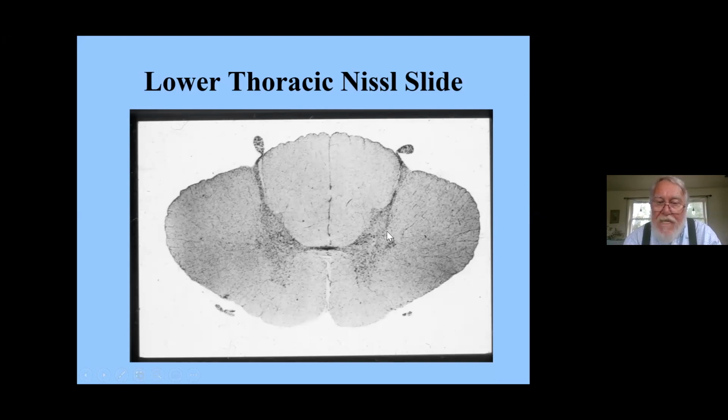And then what we see right here is a very exaggerated lateral horn on either side with a series of cells. So notice what the nucleus of Clark is going to be doing. The nucleus of Clark is going to be playing the major role in terms of spinal input into the cerebellum, integrating that information.